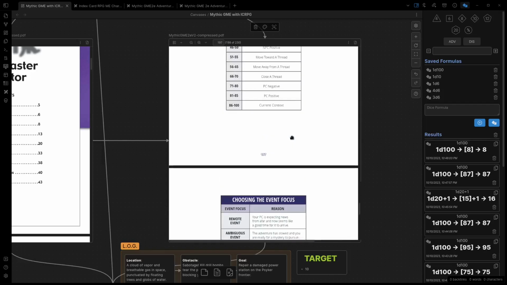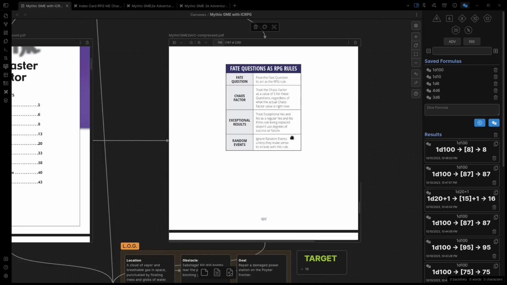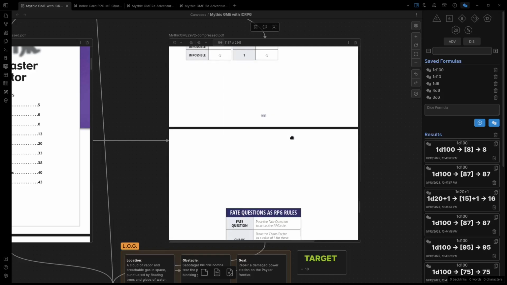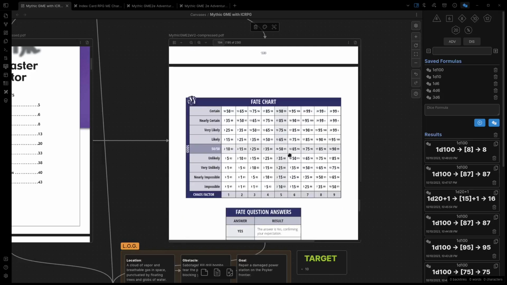Always buy the book. Chaos Factor 4. I'm unsure, so we're going to roll. Are there supplies nearby? Yes or no. Holy buckets, there are supplies here.